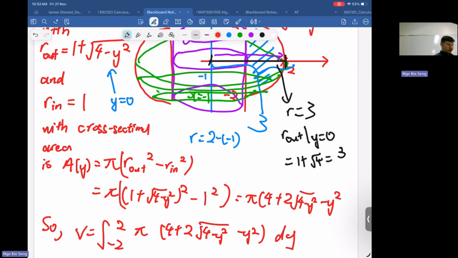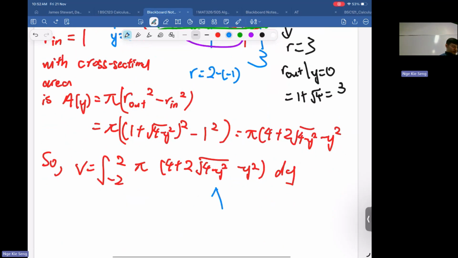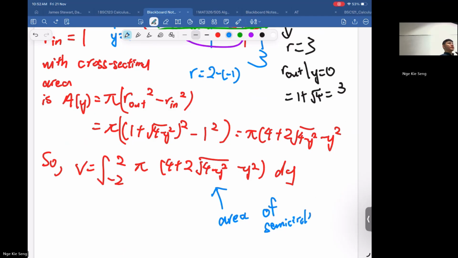So this is the area of a semicircle. Later on we will learn integration by parts or trigonometric integration such that we can compute this. Otherwise, now you just use the area of a semicircle to compute it.